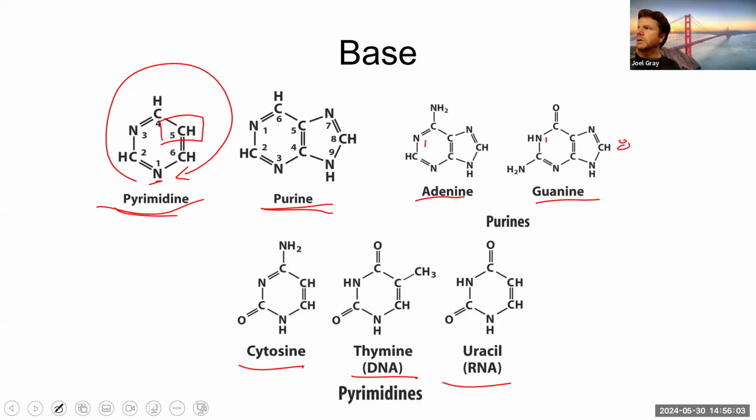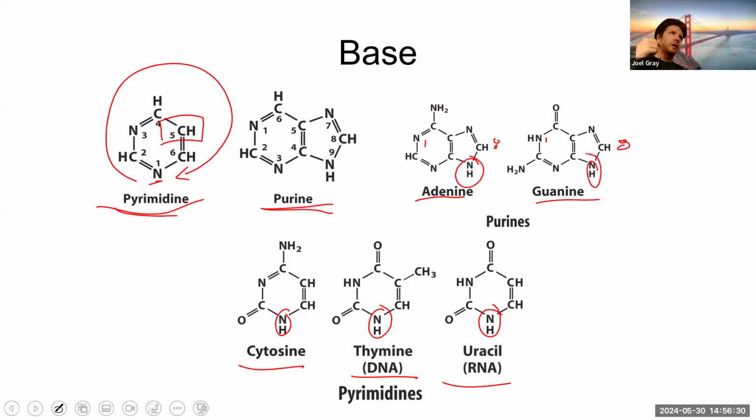This is 8. This is 8. Now, the atom that connects a pyrimidine to our sugar ring is going to be nitrogen number 1. The atom that connects our purine to our sugar is number 9.